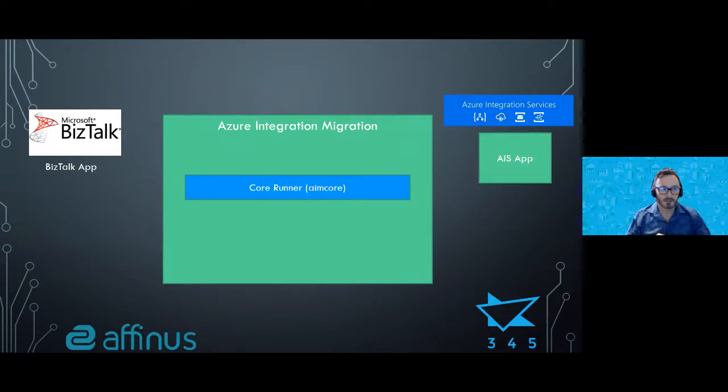Each of those stages is effectively implemented as an interface that's defined in the core runner. When you create components, you implement those interfaces. So if you've got something that is going to parse a particular BizTalk artifact, you'd implement the IParse interface, for example.